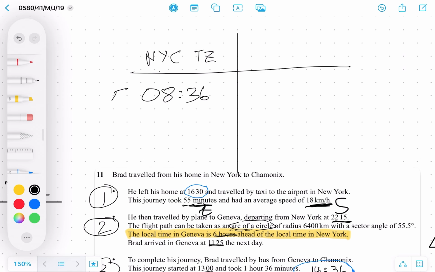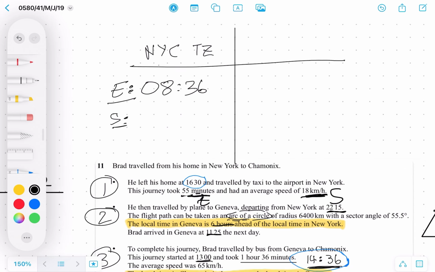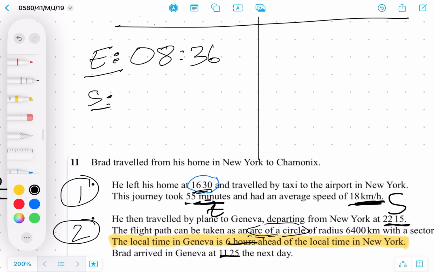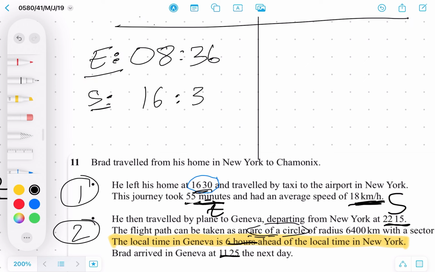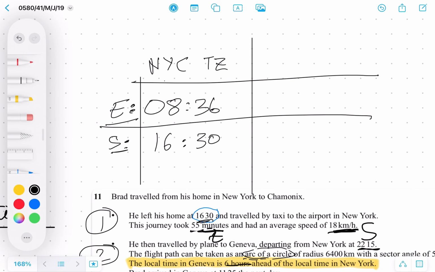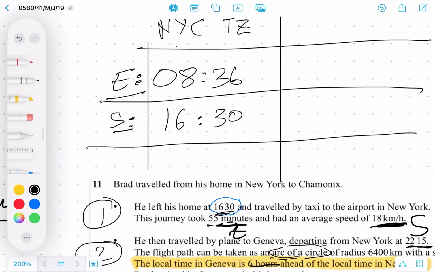So this is his end, and his start is, as we know already, it's 4:30 the previous day. So therefore, the total time taken, the change in time, is equal to the end time minus the start time.